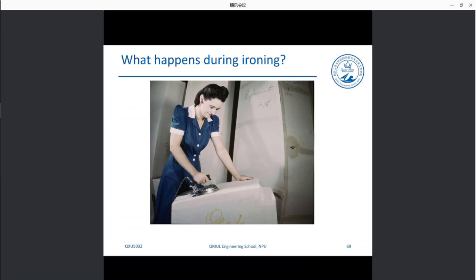What happens during ironing, let's say? Any ideas?